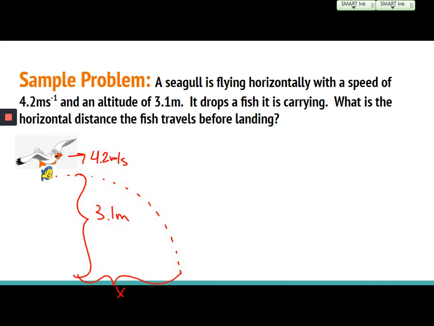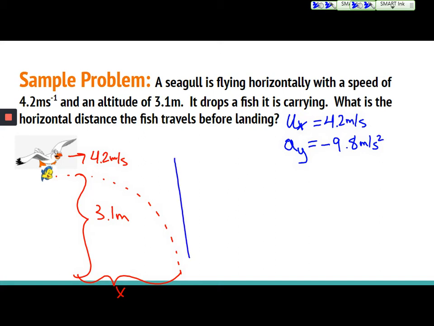Well, first of all, we need to figure out, it has a horizontal distance, right? We know its horizontal velocity is 4.2 meters per second. We know the acceleration in the y is negative 9.8 meters per second squared. Now, this depends on what coordinate system you set up.